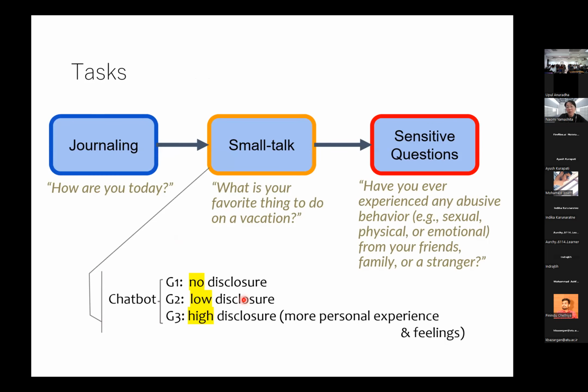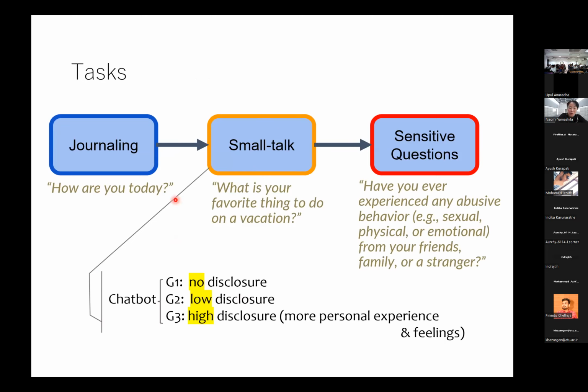Here the participants chatted with the chatbot every day for about 10 minutes for 3 weeks. And the everyday chatting task consisted of 3 sessions: first, journaling, followed by small talk, and then sensitive questions.